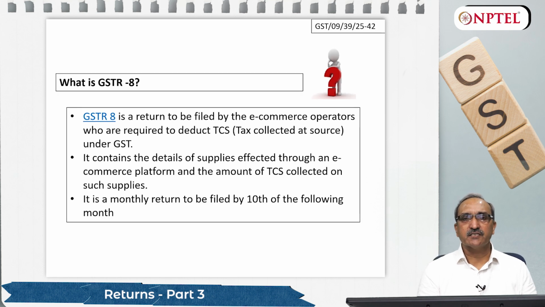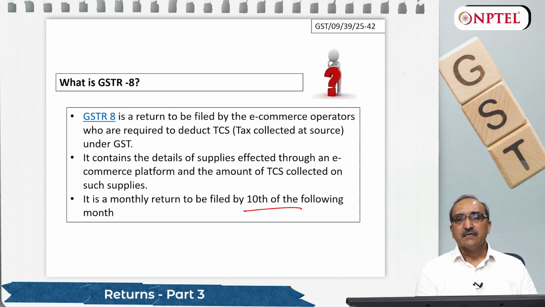Similarly friends, GSTR 8 is again a monthly return to be filed by a person who has collected tax at source and deposited it to the government. So its date is also 10th because TDS and TCS have similar provisions.